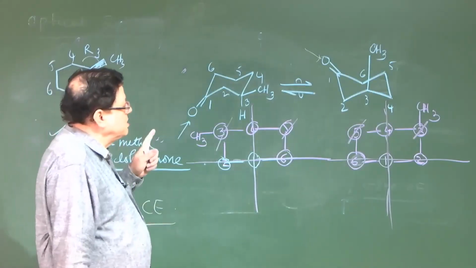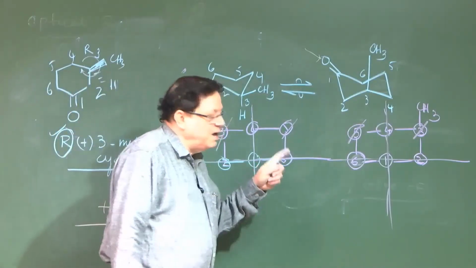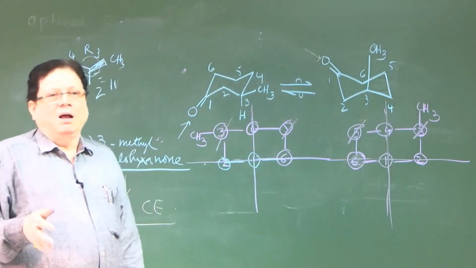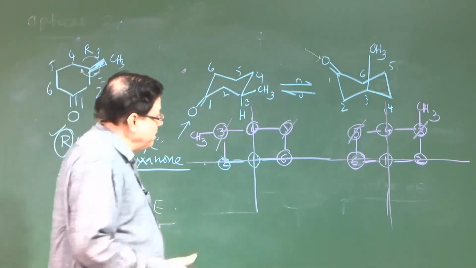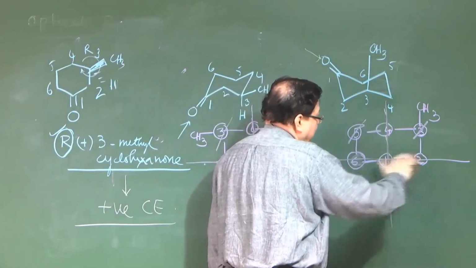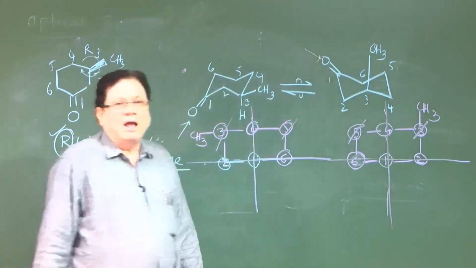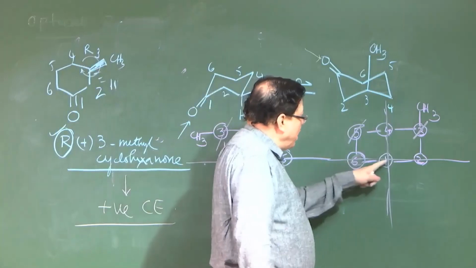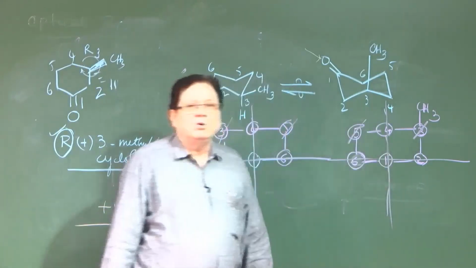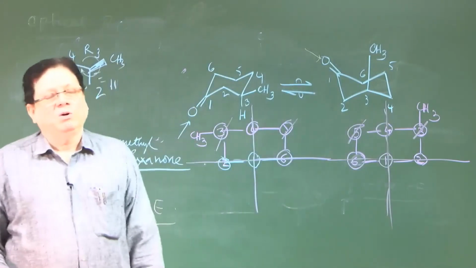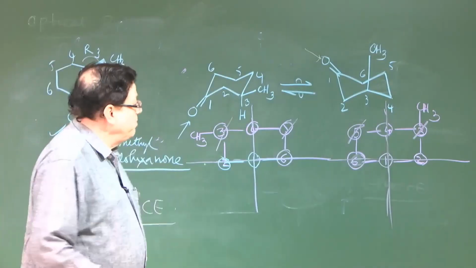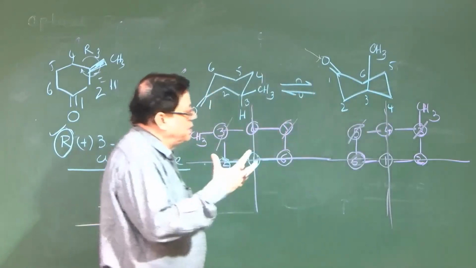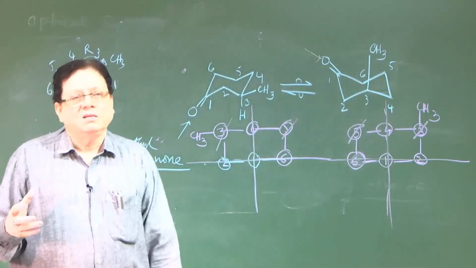First of all, the octant rule says that the atoms which are on the axis, or near these planes, have minimal contribution to the sign of the Cotton effect. That means numbers 6, 1 and 2 as well as 4 do not have much contribution to the sign of the Cotton effect. And the greater number of substituents present in a particular octant will dictate the sign of the Cotton effect.